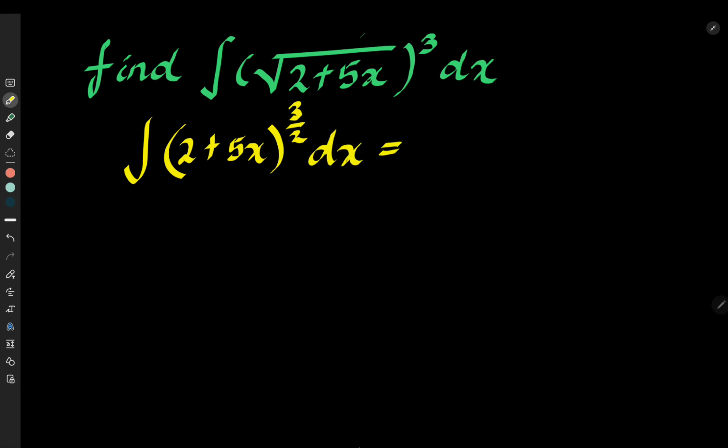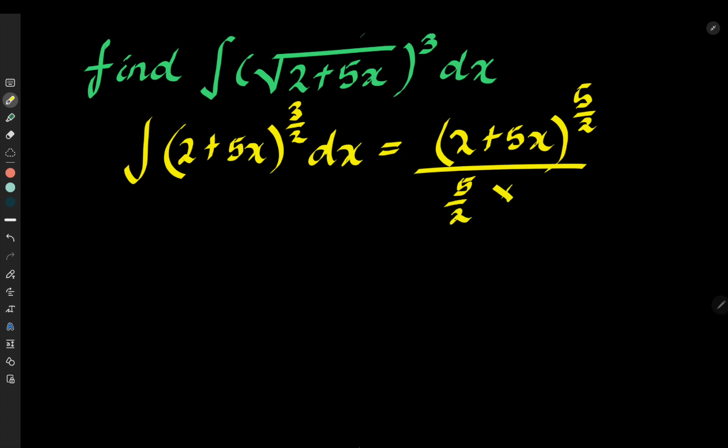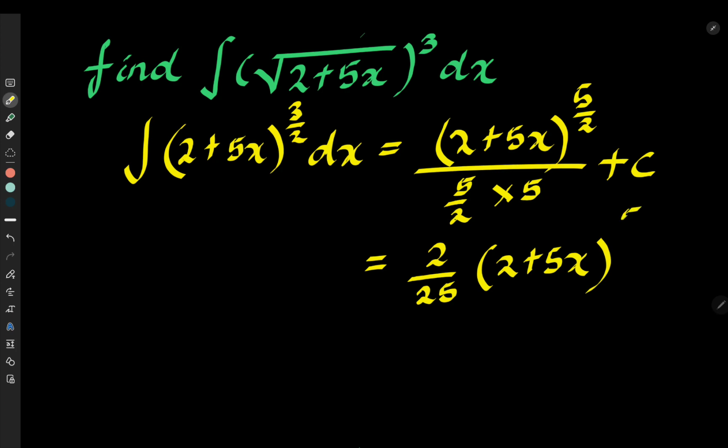Now you can integrate, and that becomes (2 + 5x), and remember, we add 1 to the power, that becomes 5/2, divided by 5/2 multiplied by the coefficient of x, which is 5, plus a constant c. This can be rewritten as 2/25 times (2 + 5x)^(5/2) plus a constant c. And that is how you integrate the square root of (2 + 5x)^3.